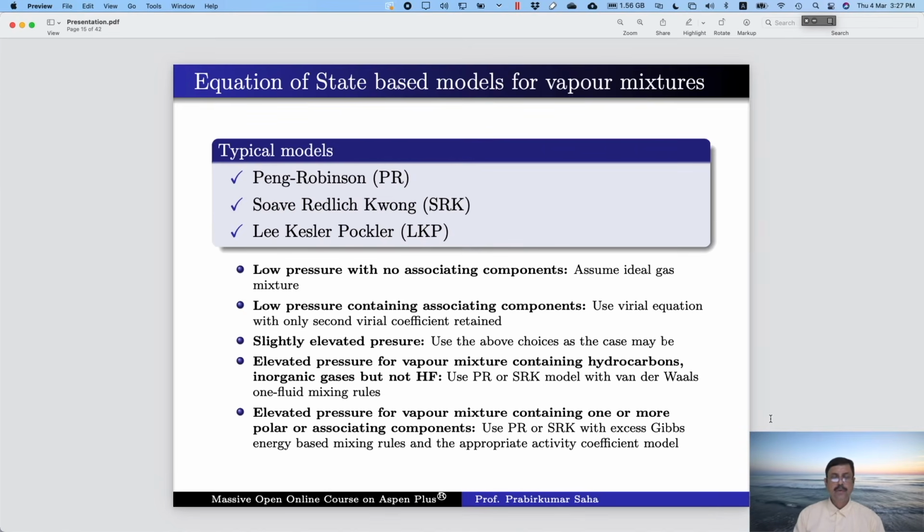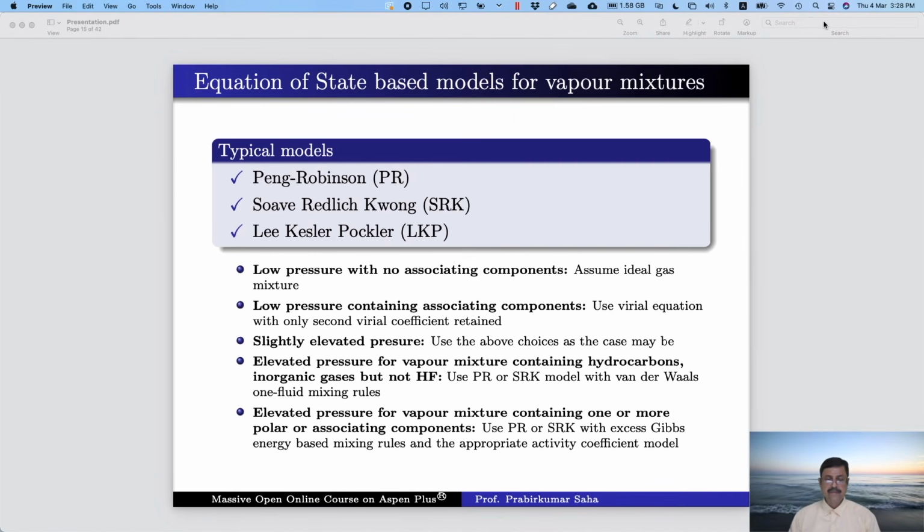Now, we will learn equation of state-based models for vapor mixtures. We have three typical models: Peng-Robinson, Redlich-Kwong-Soave, and Lee-Kesler-Plöcker. These models. Now we have certain recommendations.